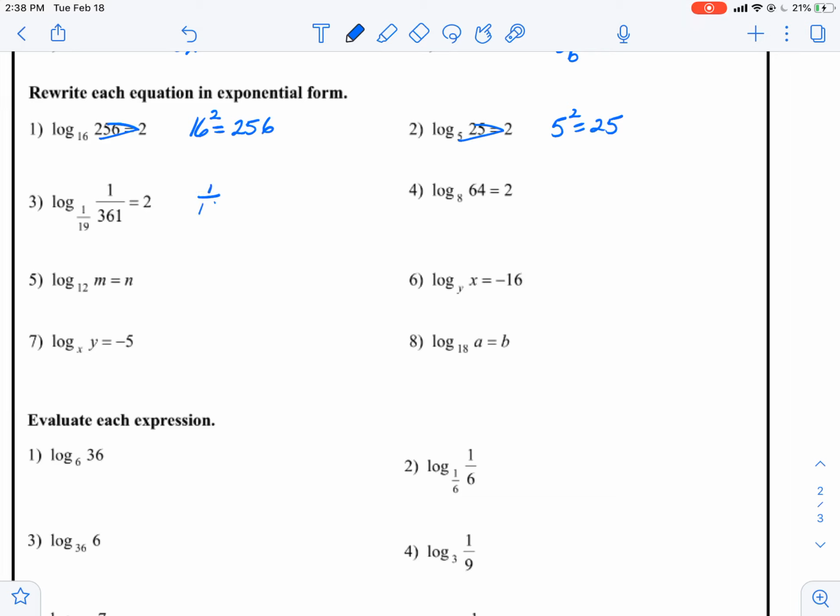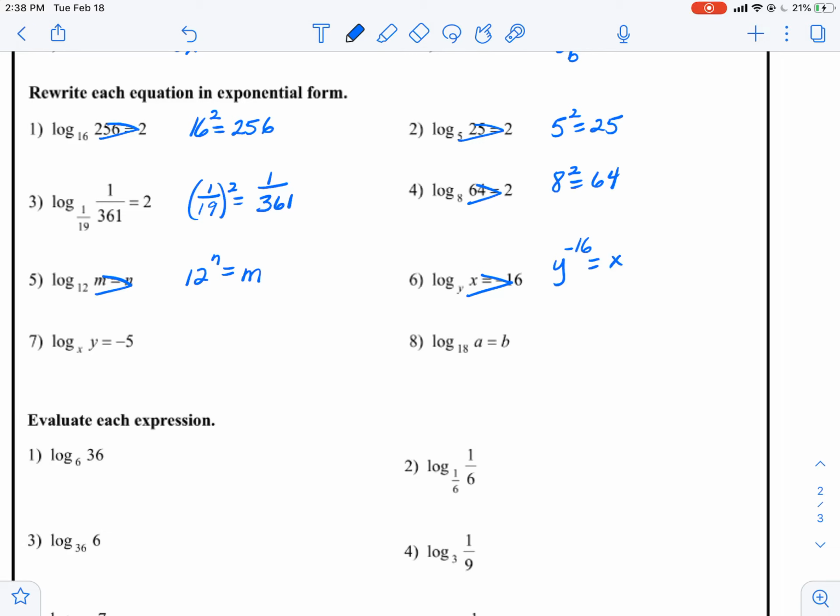So 1/19 squared equals 1 over 361. 8 squared equals 64. Is that making sense to you? Okay. 12 to the n equals m. y to the negative 16 equals x.